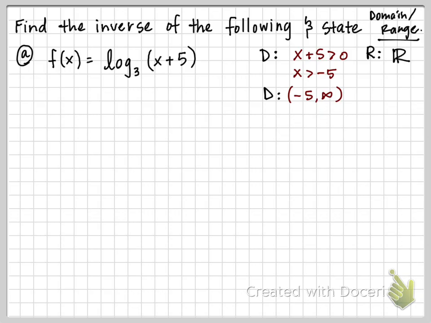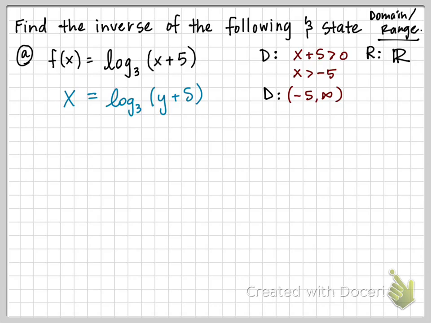To find an inverse, I'm going to do a few steps. Step 1, I'm going to ask myself, is the log isolated or is the exponential isolated? In this case, yes, the log is isolated, so we can move on to step 2. I'm going to switch my f of x with x, and I'm going to switch my x with y, because inverses switch x's and y's.